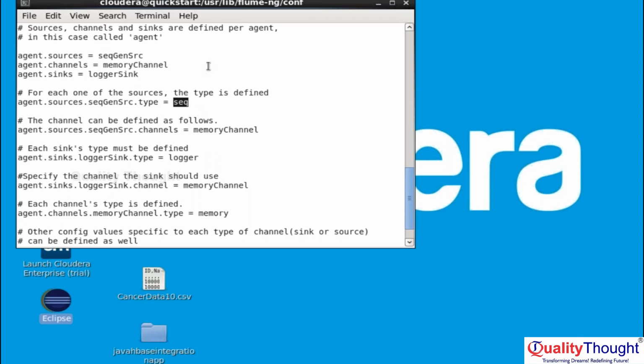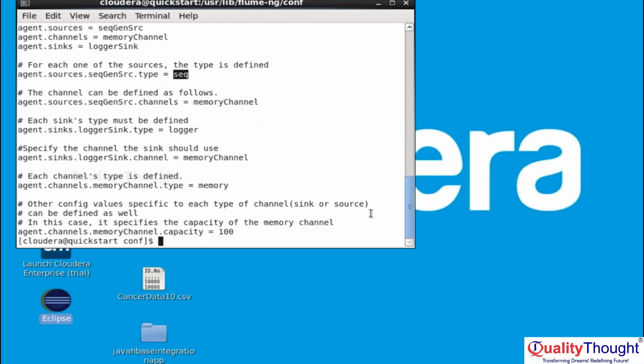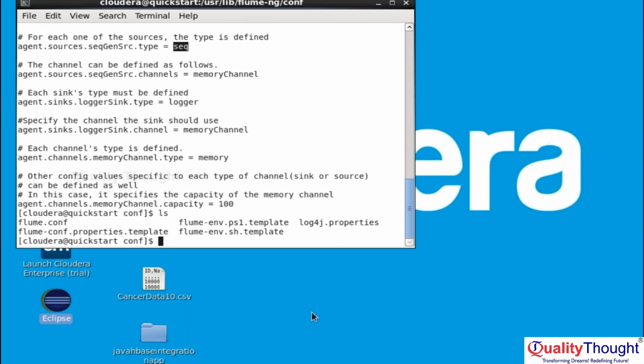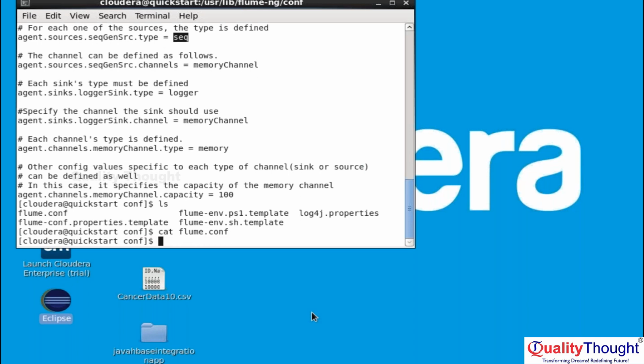We will write some configuration file later. Let me open flume.conf with cat. No data is available here.